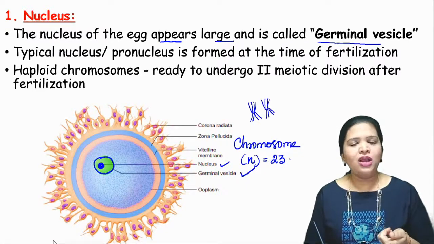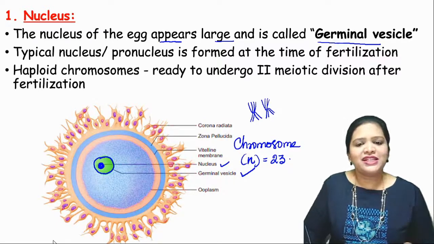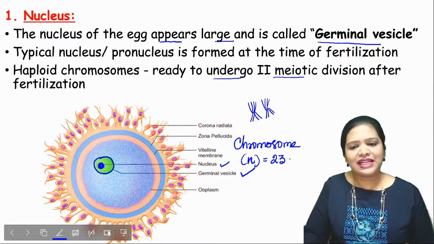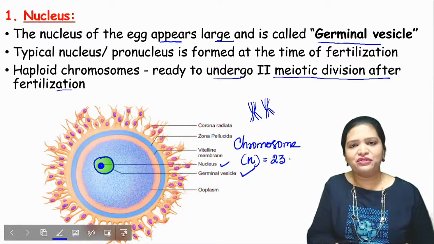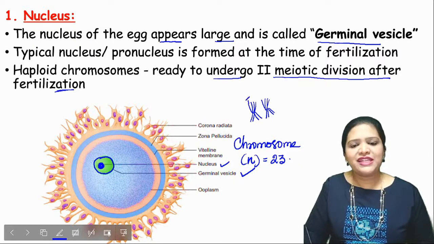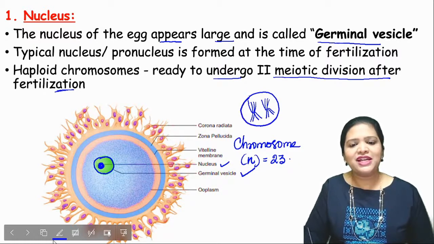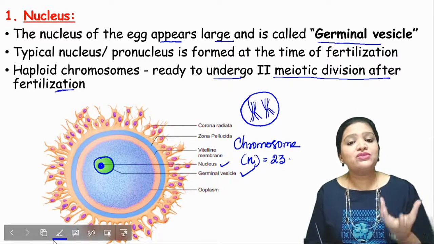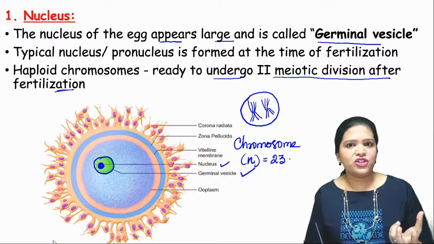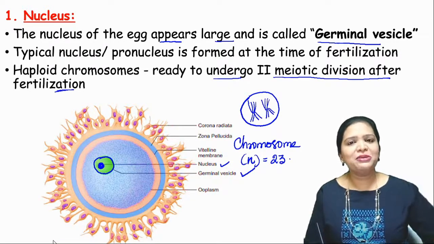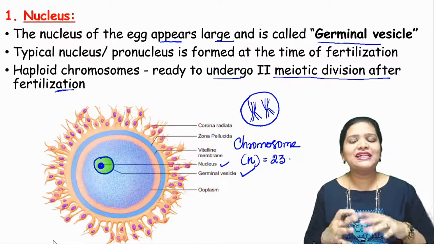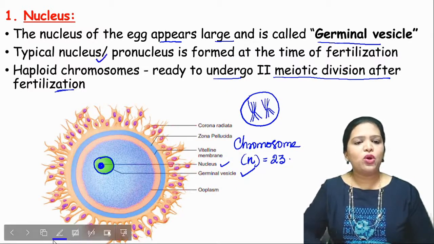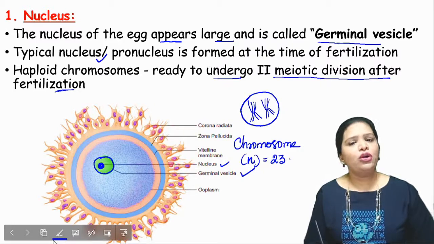So it is ready to undergo the second meiotic division after fertilization. Inside the nucleus, the chromosomes are present and ready for the second meiotic division. After the second meiotic division only, the nucleus gets its complete structure that we call a typical nucleus or pronucleus.